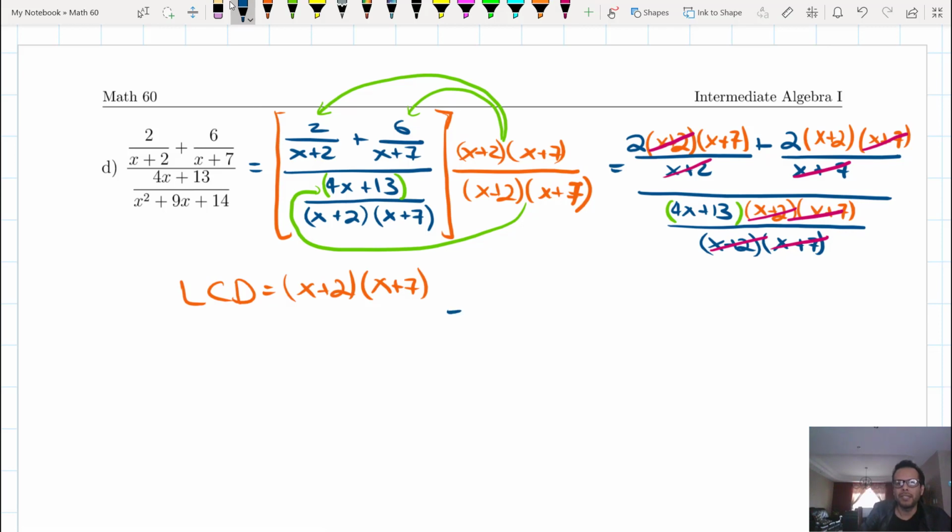The following. In the numerator, again, you don't want to do this distributing in your head at the same time. Do one step at a time. 2 times x plus 7 plus 2 times x plus 2, right?